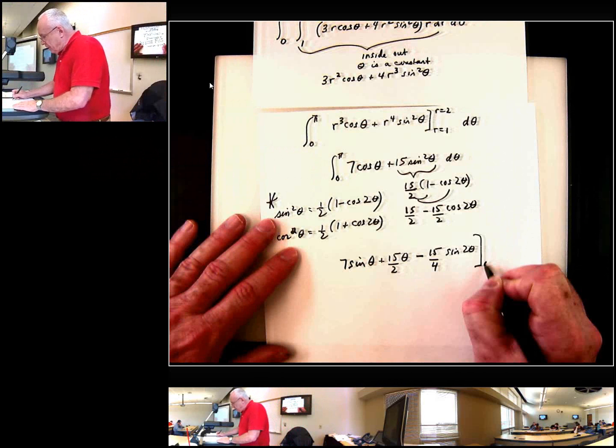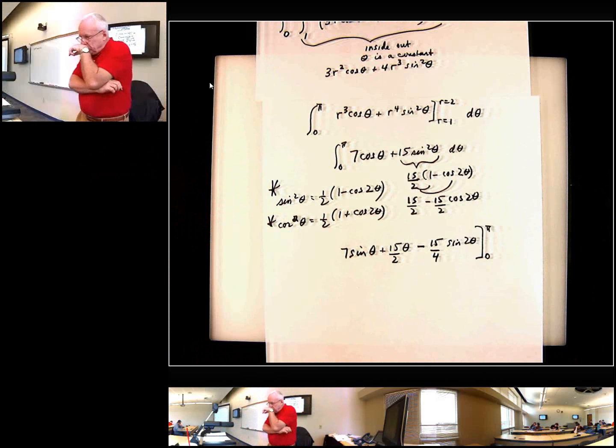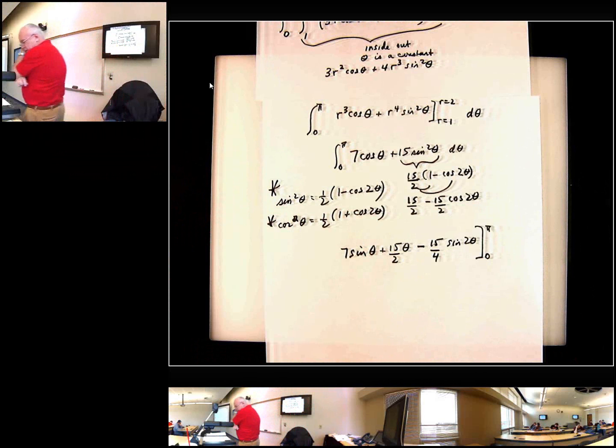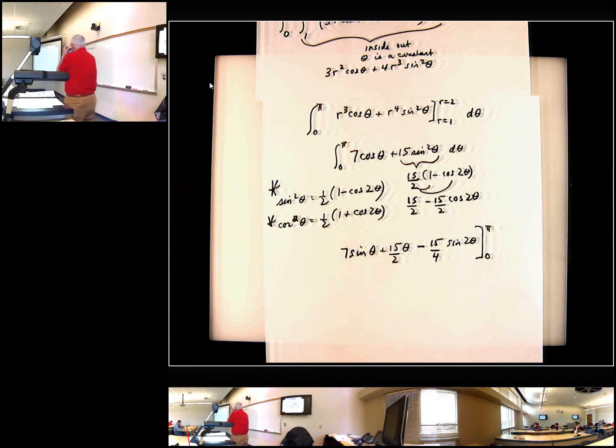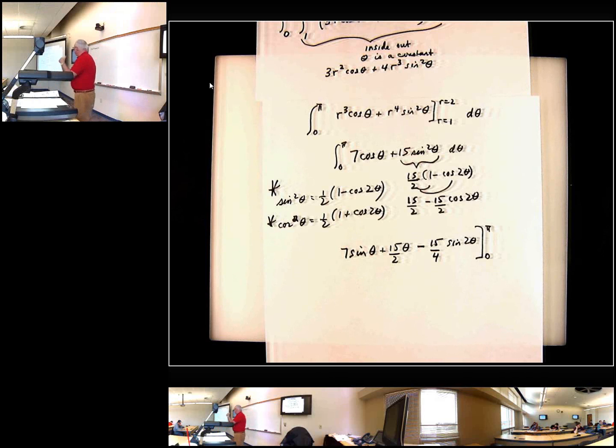Now we have to evaluate the limits. And what are we going to come up with here for this value? 15 half times pi, but everything else goes to 0, right?